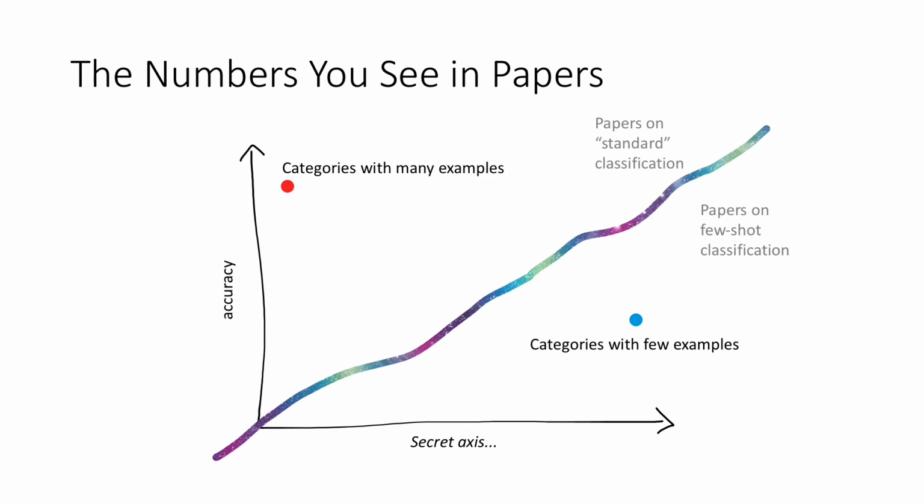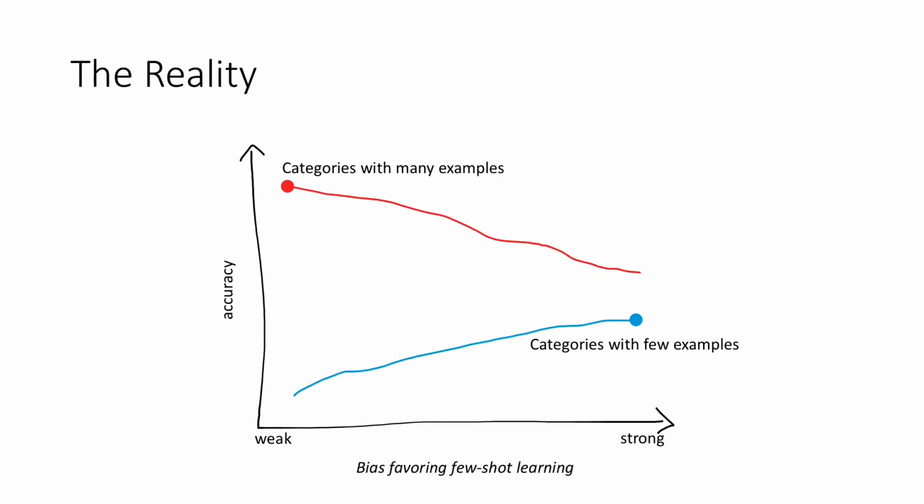Now, what is the secret x-axis in this plot? You probably have a guess already, but I bet that you're wrong. What we found instead is that if you benchmark few-shot learning algorithms in a setting that measures accuracy on categories with many examples, as well as with few examples, there's typically a trade-off. Methods that were developed for few-shot learning were tuned in ways that actually hurt their performance when lots of data was available per class.